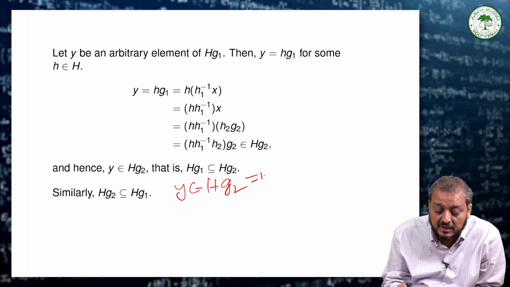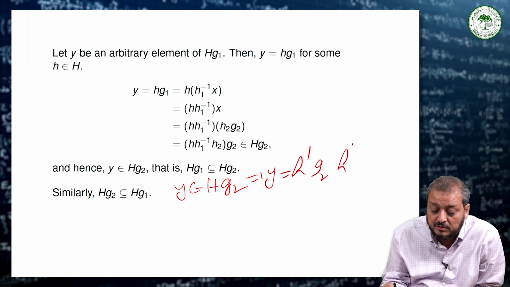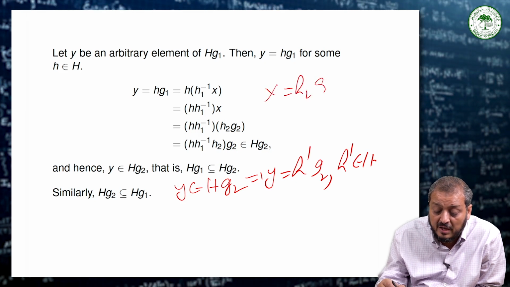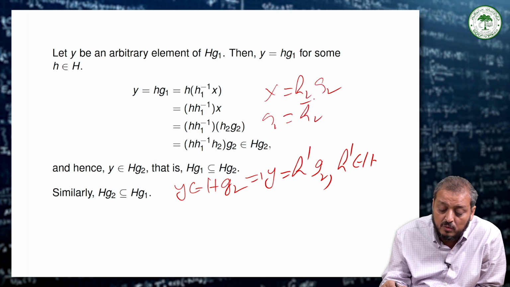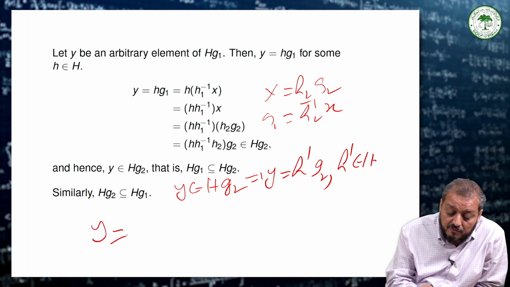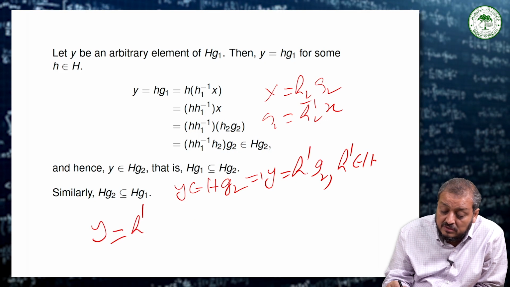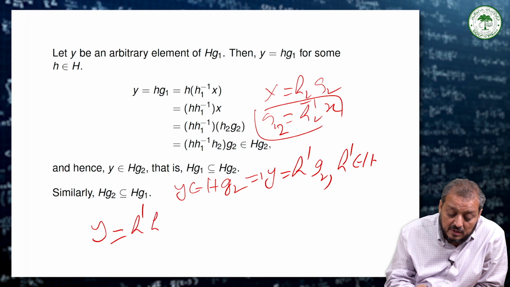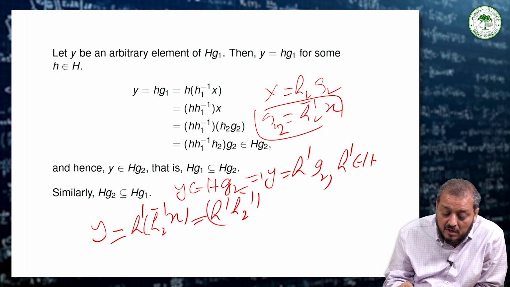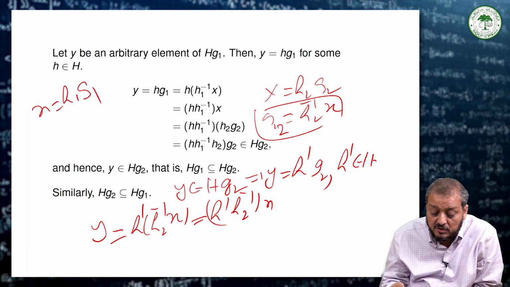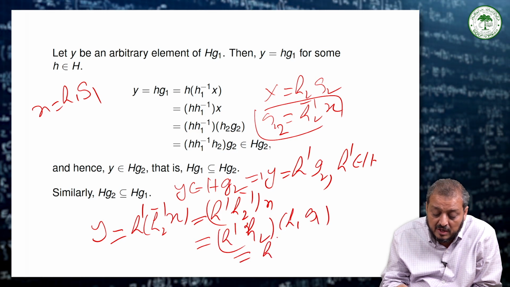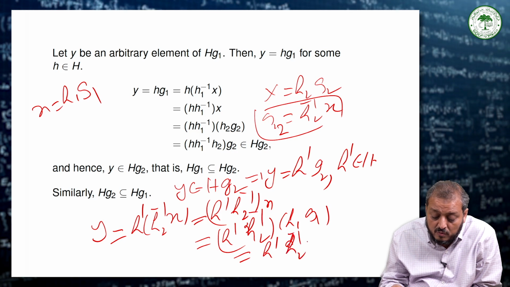If y is an element of Hg2, then y can be written as some h prime g2, where h prime is an element of H. You know that x is equal to h2g2, so g2 can be written as h2 inverse x. So y can be written in the form h prime, and then g2 as h2 inverse x, so h prime h2 inverse x, and x you know is equal to h1g1. So this can be written as h prime h2 inverse h1 g1.